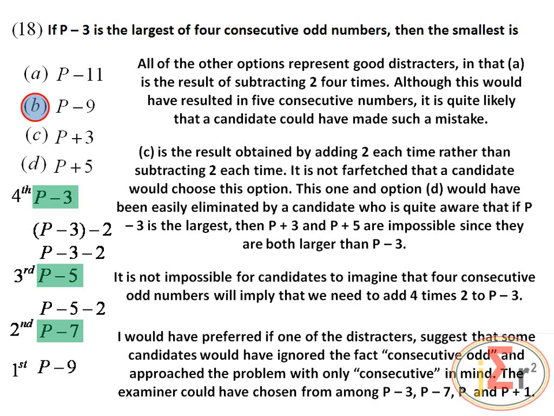I imagine then you cannot have all of the possible distractors, but I was thinking that we could have had a distractor in which the candidate did not take careful note that it should have been what? Consecutive odd numbers, and then start to interpret the problem as consecutive numbers. Right, so if that is the case, then possible distractors could have been what? P minus 3, P minus 7, and P plus 1. But of course, they are not there, and there's no harm done.